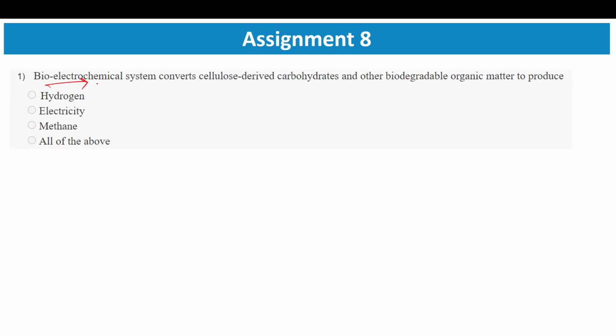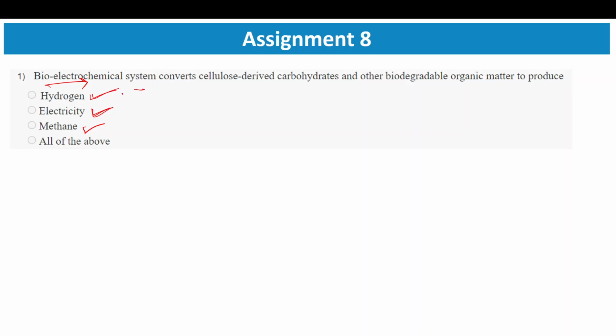So in this case, we are generating electricity firstly. Now there could be anaerobic digestion occurring, so we can have methane formation, or in microbial fuel cells, there are special cases where we can have hydrogen generation also, which is again a fuel.